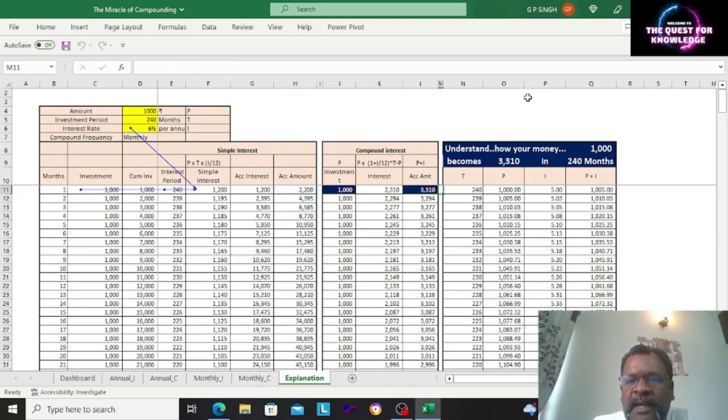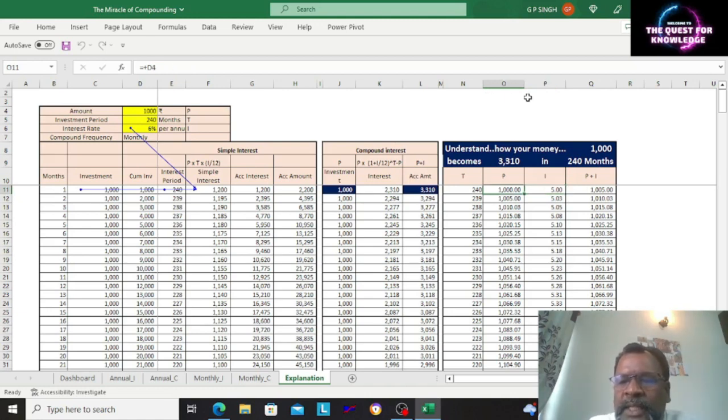Now, this is so far as simple interest is concerned, but we'll be more interested in compound interest. So let's first understand how the compound interest calculation is done in a simple way, and then we'll apply the formula. The basic formula is the same, that is principal into time into interest. So principal is 1,000 rupees, and the time is 240 months for the initial investment, and the rate of interest is 6% per annum, so 6 divided by 12 per month.